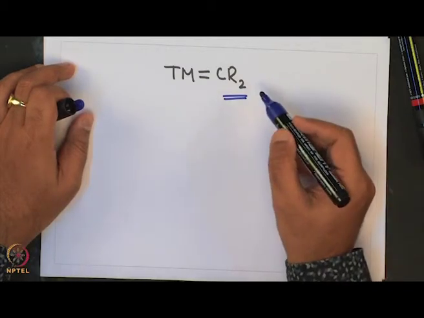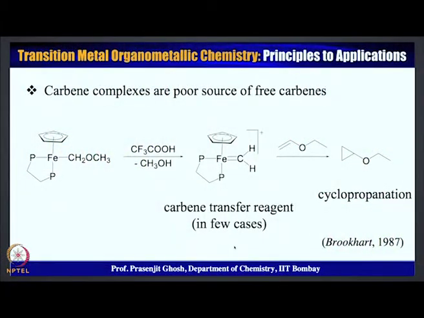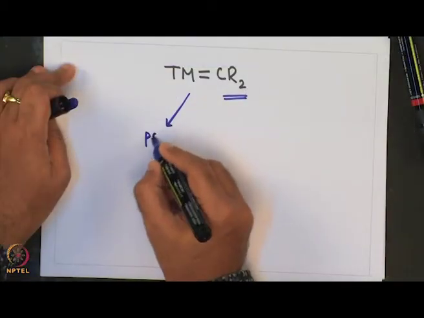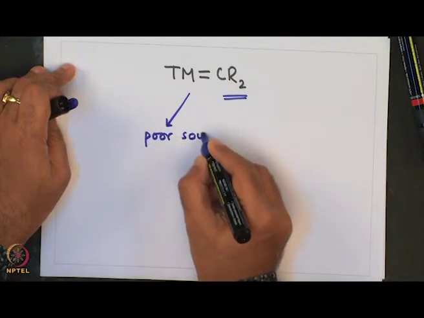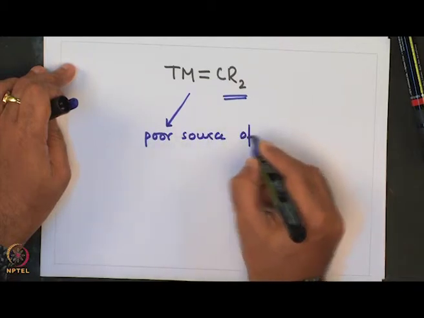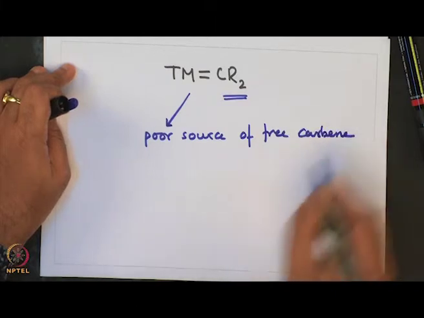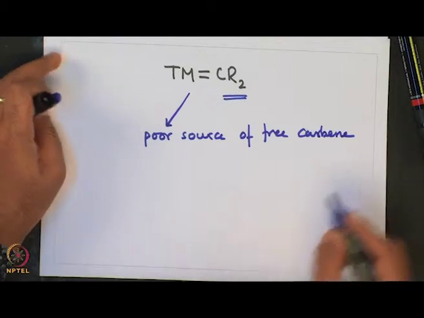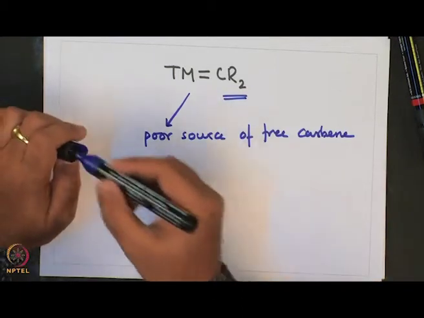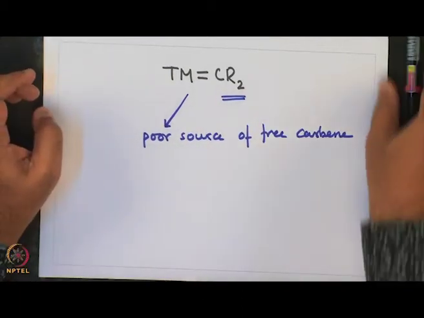So, they can be thought of as very good carbene transfer reagents, but it turns out that transition metal carbene complexes are poor sources of free carbene. And this is illustrated by the example given below.